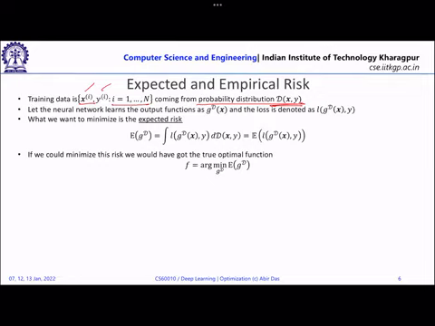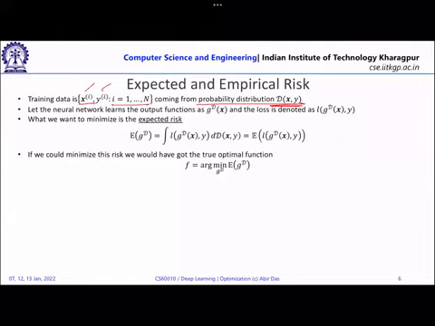So this joint probability distribution gives the probability with which these X, Y come, or rather, the data is generated. I think the more apt term is generated.